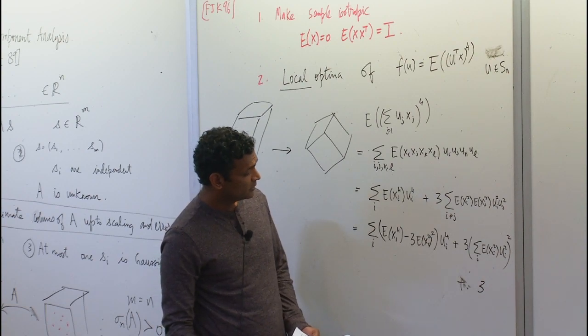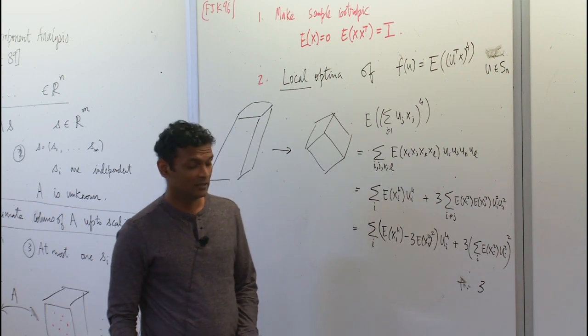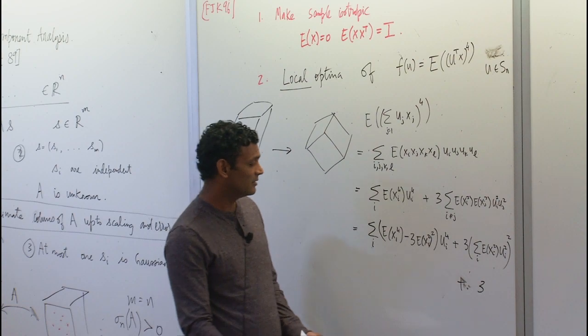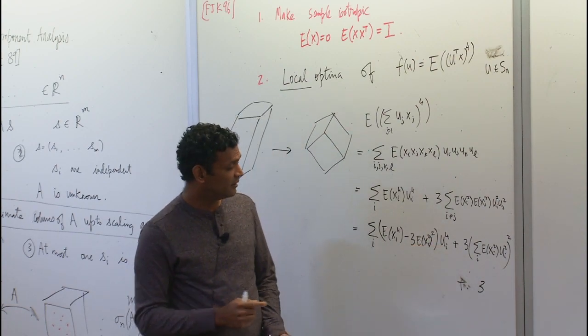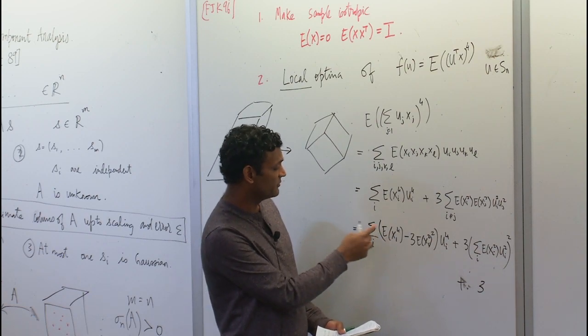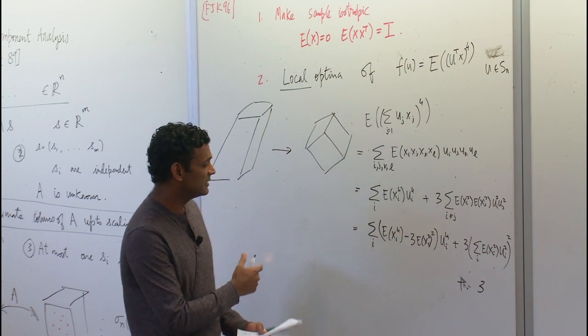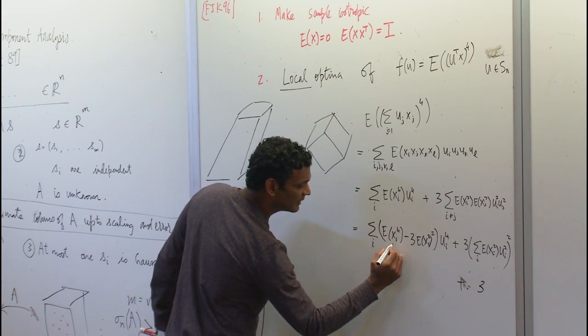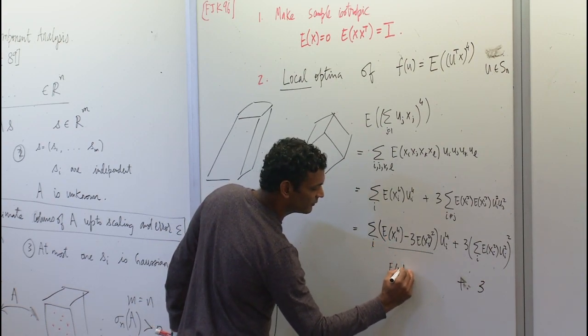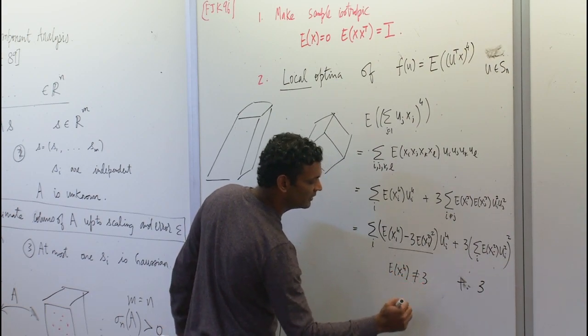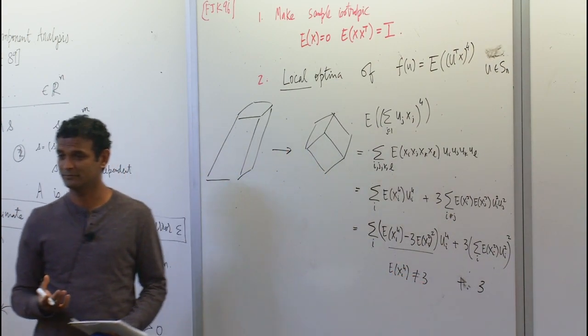Now, the local maxima of this will precisely be the ei's, if the transformation was identity. But the point here is that this is non-zero if expectation of xi to the 4 is not equal to 3, and 3 is the 4th moment of the Gaussian.